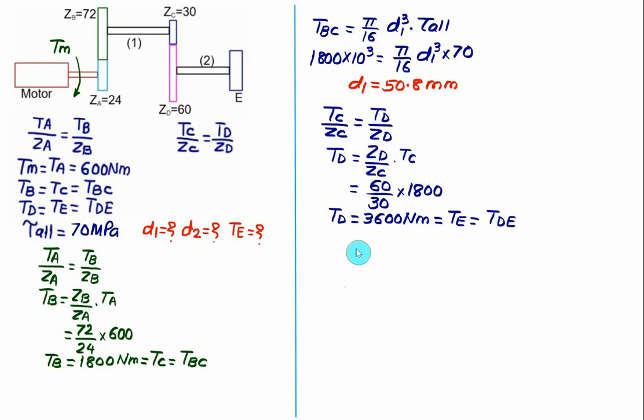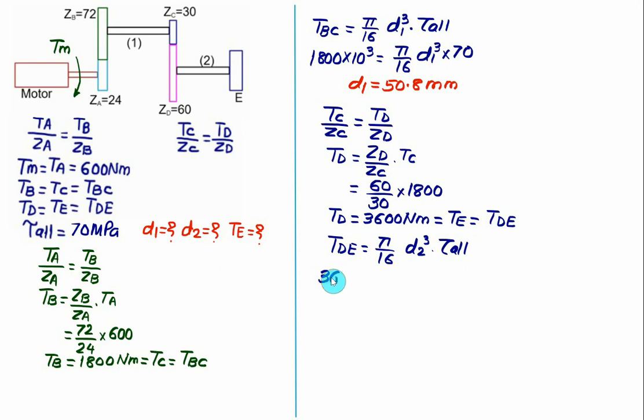Now once we know the value of the torque DE, we can use the formula pi by 16 into D2 cube multiplied by allowable shear stress. From this we can find out the diameter of the shaft 2. Torque for DE is equal to 3600 Newton meter.